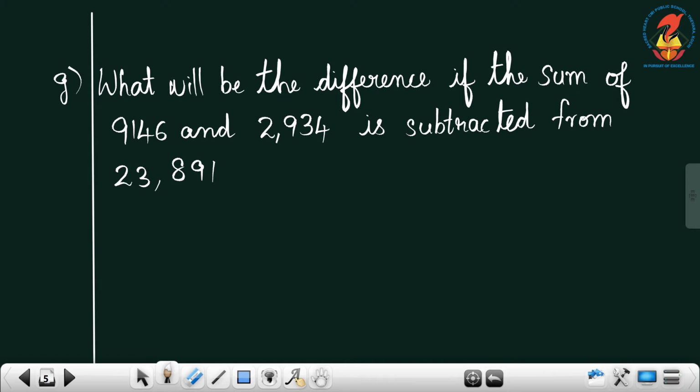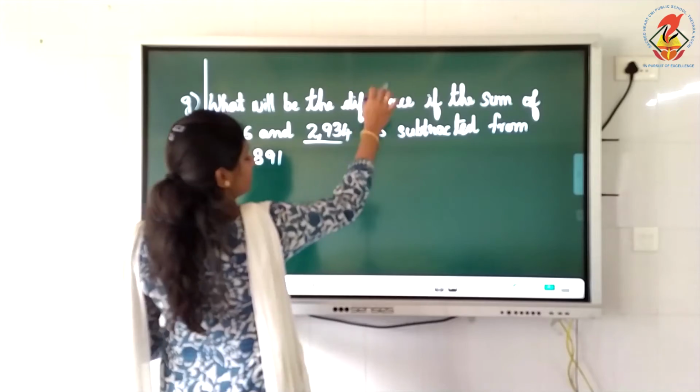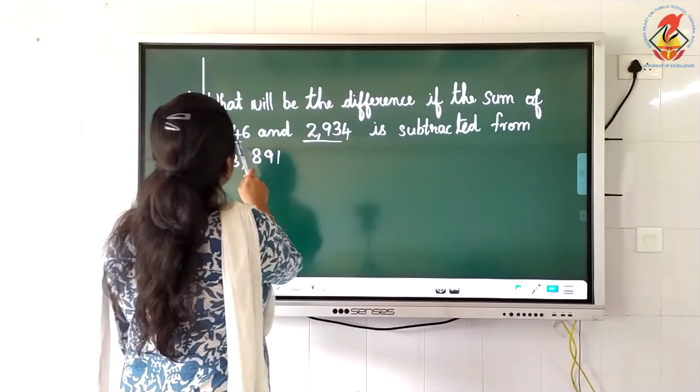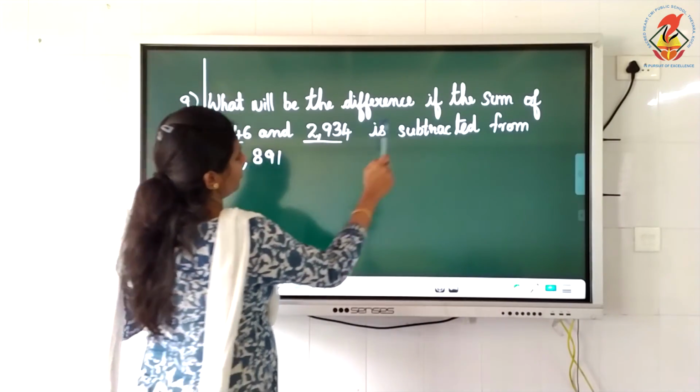What will be the difference if the sum of 9,146 and 2,934 is subtracted from this? First of all we find the sum of these numbers, then subtract it from this to find the difference.